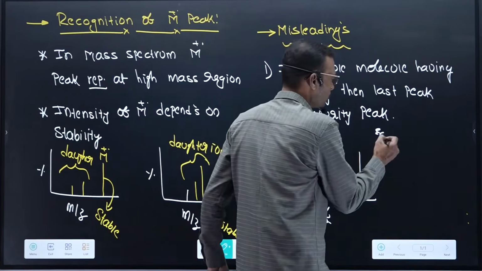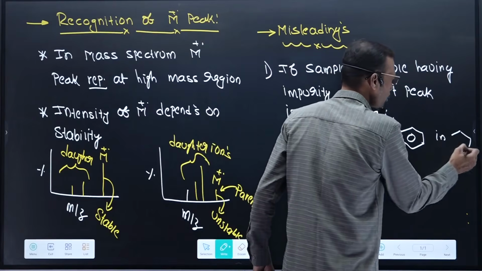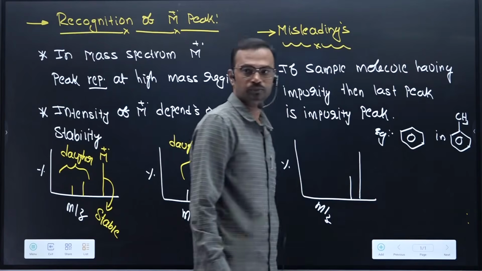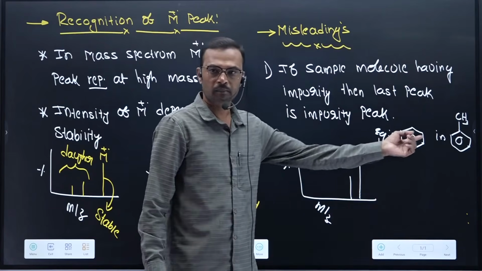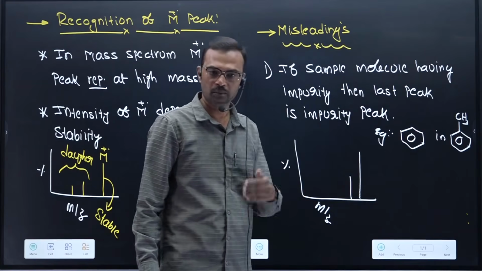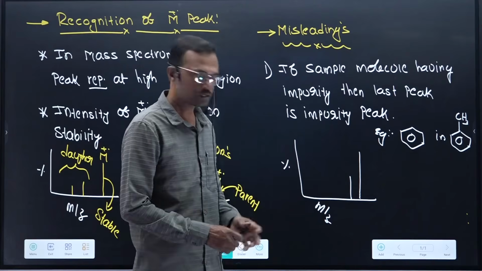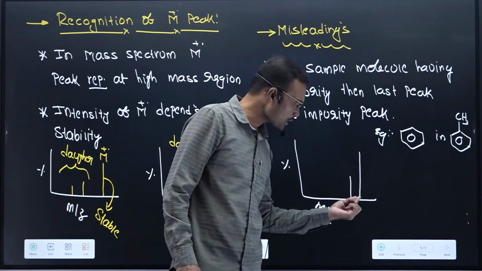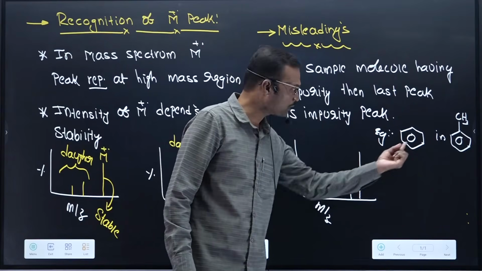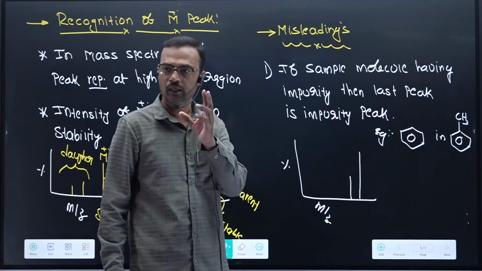Example: benzene in toluene. But I am saying I gave you benzene, and I did not mention toluene. I simply say I gave benzene, try to calculate the mass peak. But see this last peak, what will you think? You will think this last peak is benzene. But why? Because you don't know that an impurity is present.